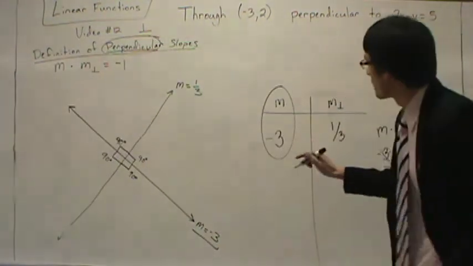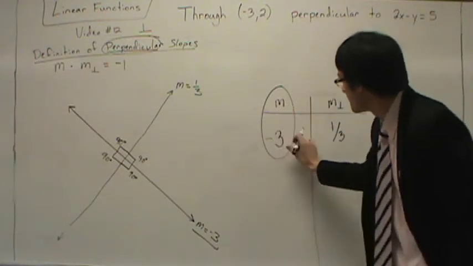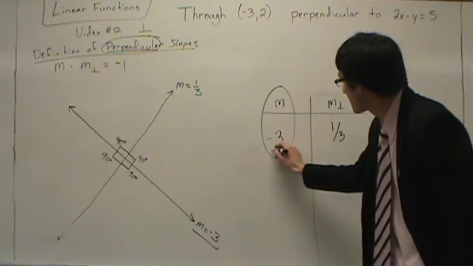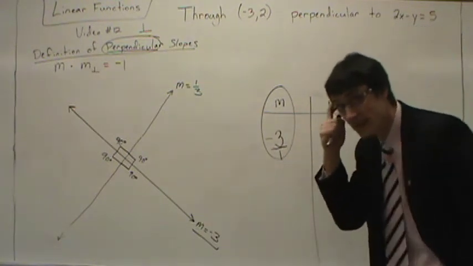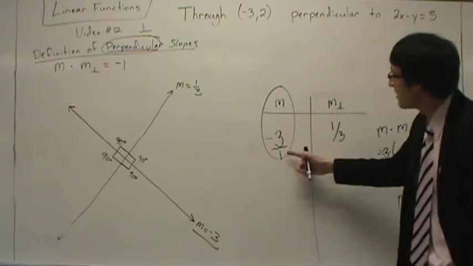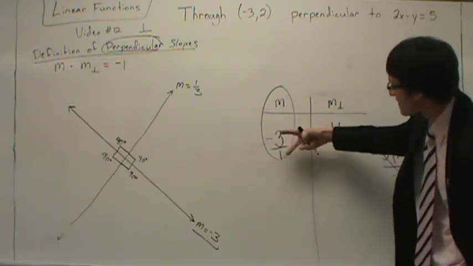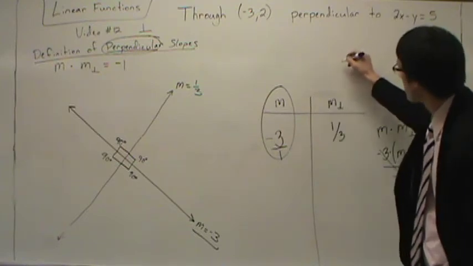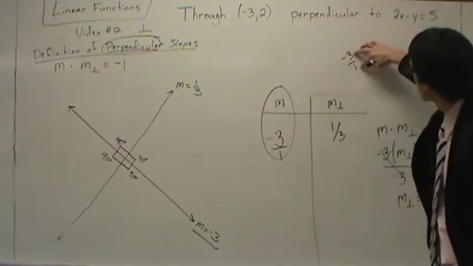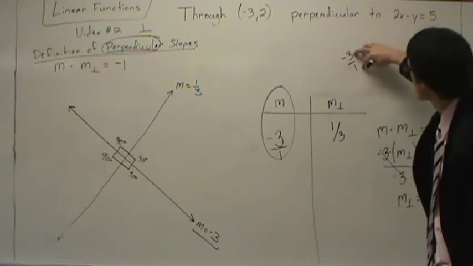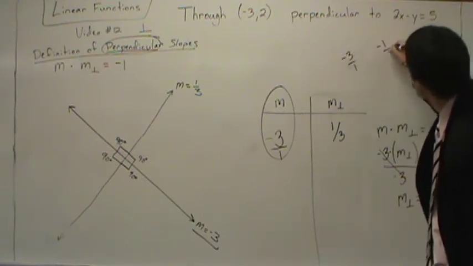Watch. Okay, so if we say that a given line has a slope of -3, we can write that as -3 over 1. Again, we don't actually write this on our paper, but this is what we think in our head. -3 over 1. Notice, what happens if we flip this? -3 over 1 flipped, we call this the reciprocal of -3, would be -1/3.